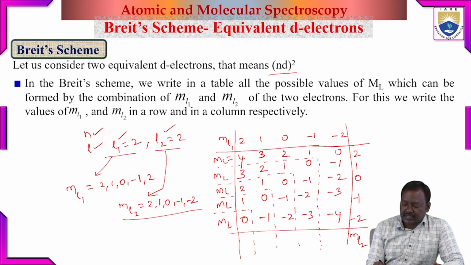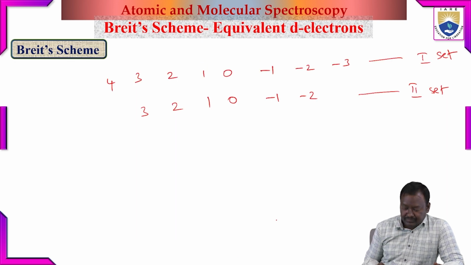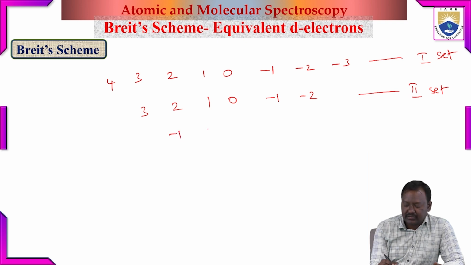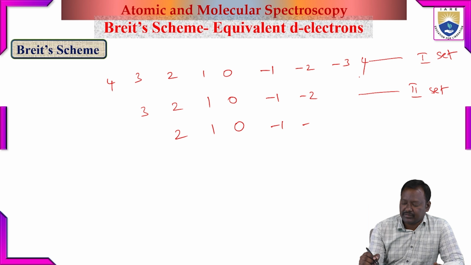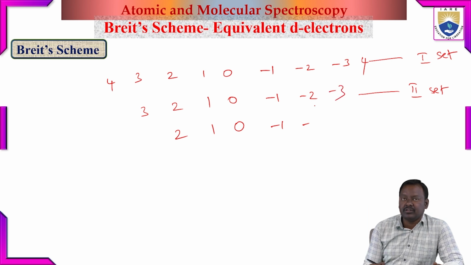Similarly, the third set is 2, 1, 0, minus 1, minus 2. The first set goes up to 4, the second set up to minus 3, and this is the third set, which goes up to minus 2.